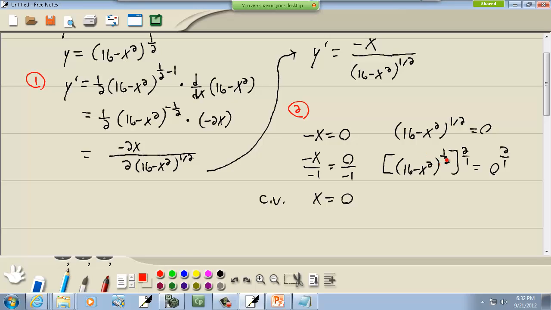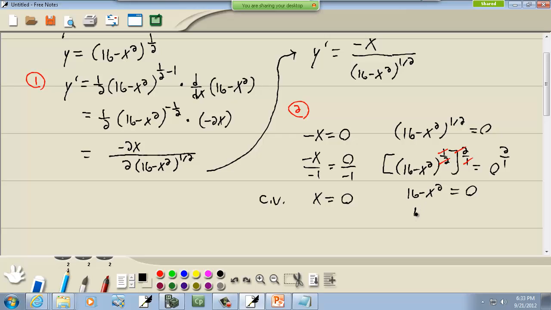Now this 2 is going to cancel, the 1's would be gone, and we got 16 minus x squared equals 0 to any power, which is 0. Now, you're going to see this a lot. Basically, if you have something inside of parentheses to a power, you can just drop the power. It will always work out this way because 0 to any power is 0.